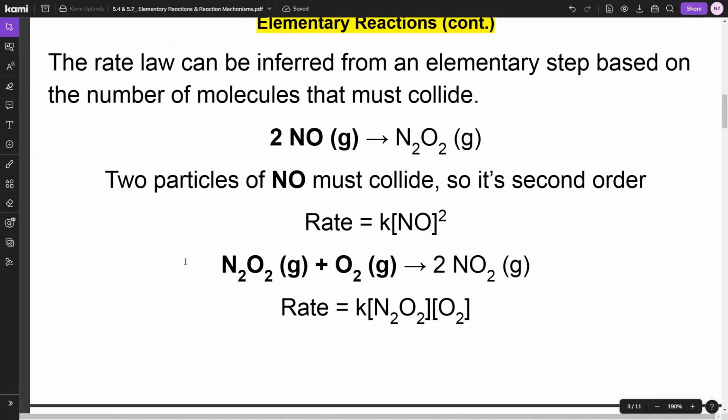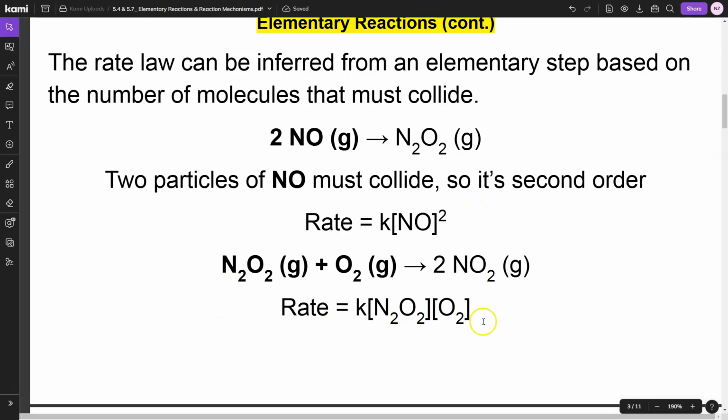Now, going back to rate laws: rate laws can be inferred from an elementary step based on the number of molecules that must collide. So I need 2 moles of nitrogen monoxide to combine to form our dinitrogen dioxide. Since I have 2 molecules of nitrogen monoxide that have to collide, it is a second order reaction.